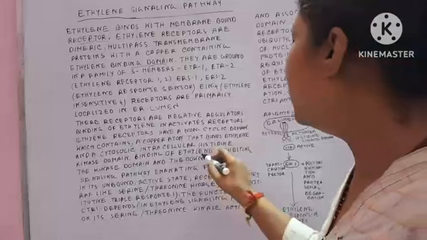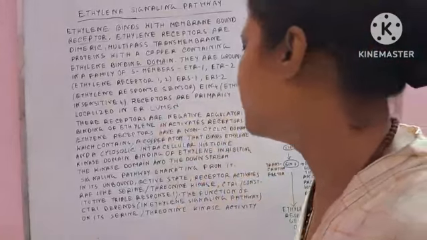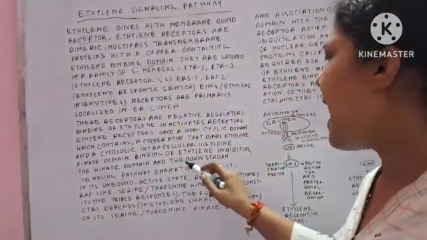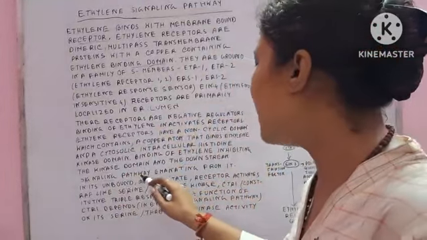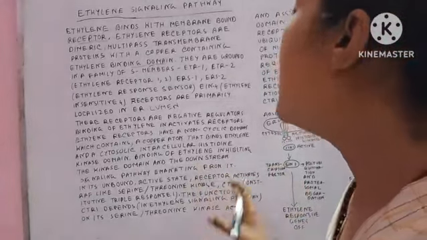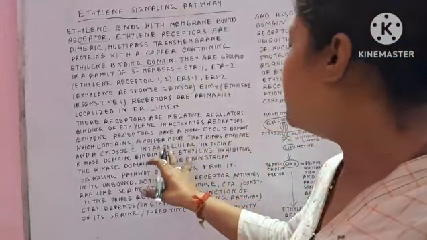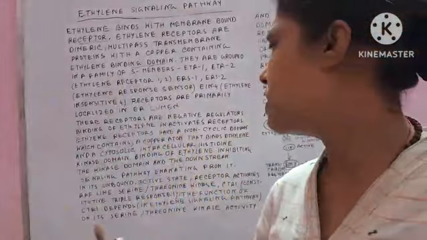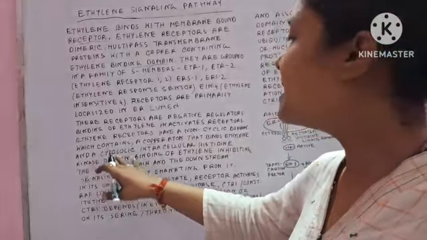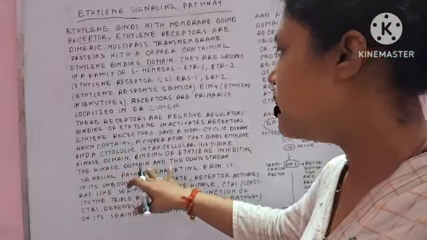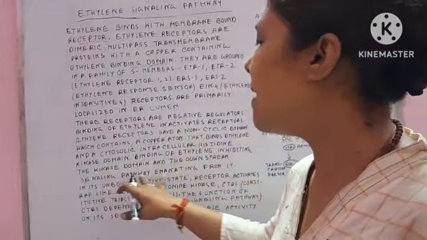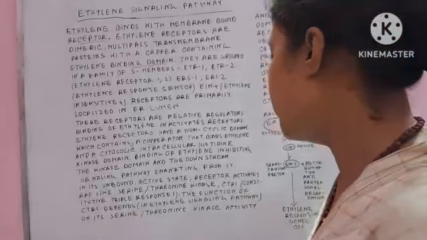Now, when ethylene binds with that receptor, it inhibits the histidine kinase domain and the downstream signaling pathway emanating from it. That means when ethylene binds with the receptor, it inhibits the kinase domain. That histidine kinase domain becomes inactivated or inhibited, and that's why the downstream signaling pathway of ethylene occurs.